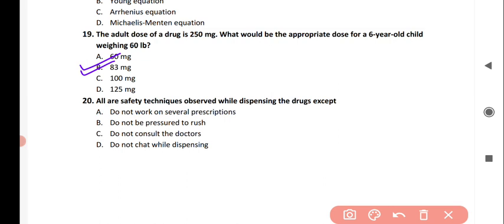The next question is all are safety techniques observed while dispensing the drugs except. So we have to find that which of the following is not the safety technique while dispensing the drugs. So for this, option C will be correct, that is, do not consult the doctors.